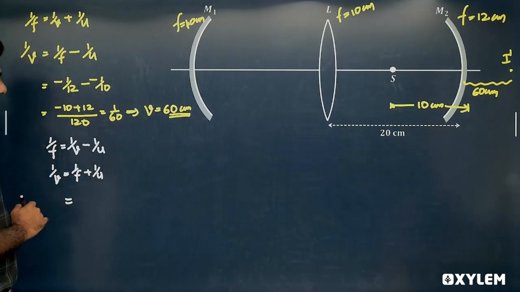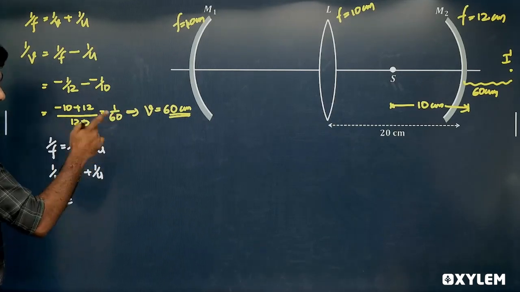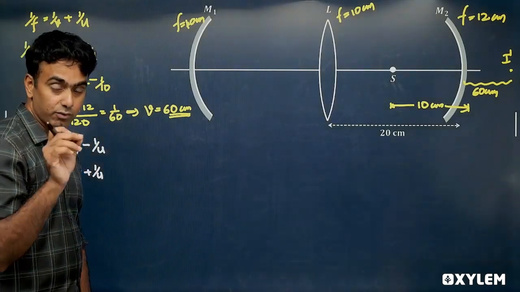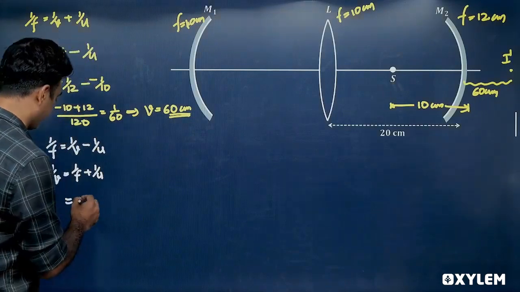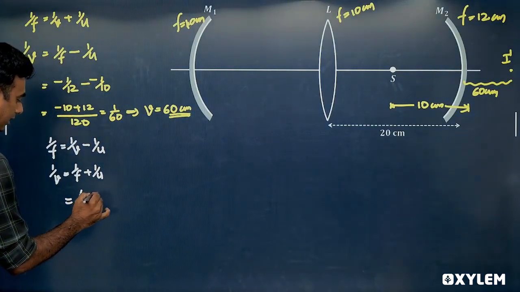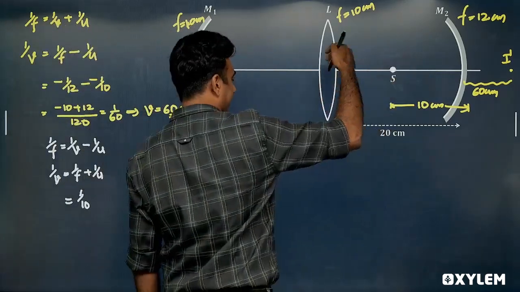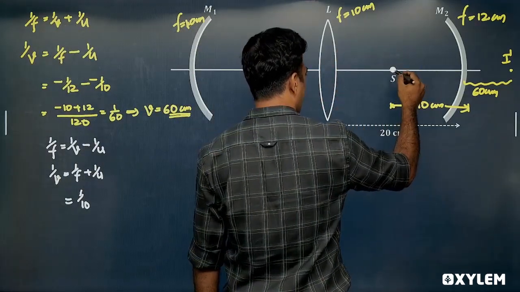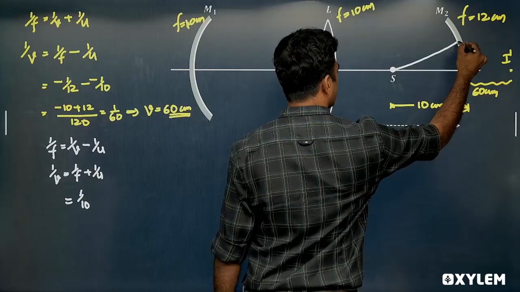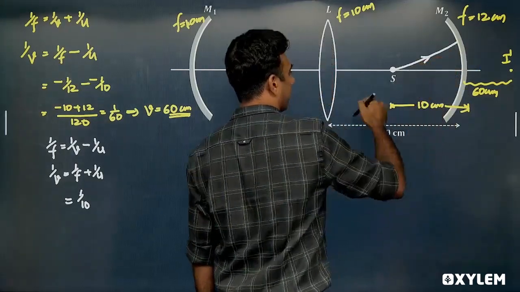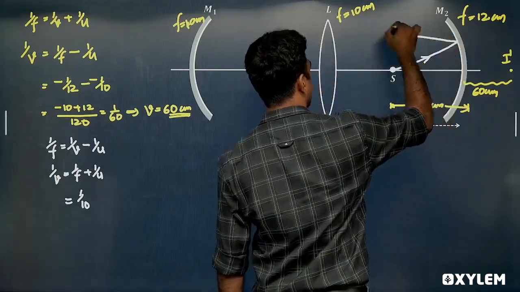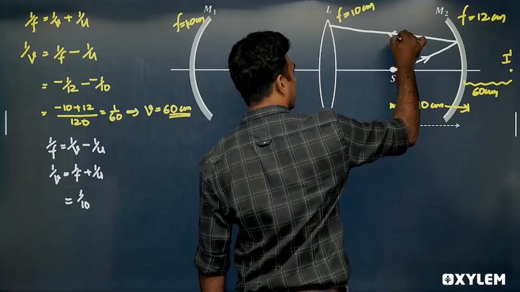For the lens, it's a convex lens, therefore the focal length is positive, so 1 by 10. The light rays are coming from this side, because here light moves like this and it will bend like this.